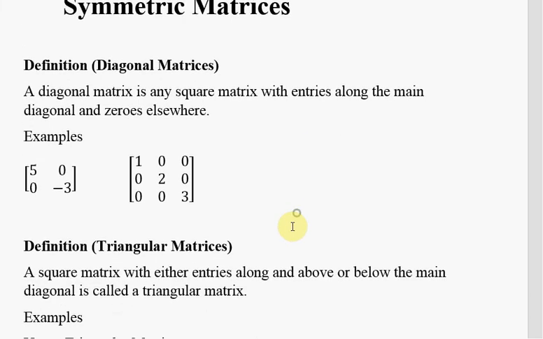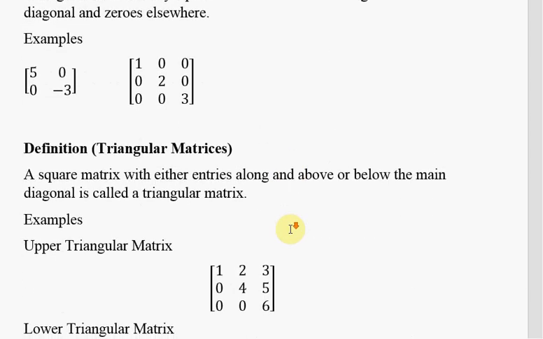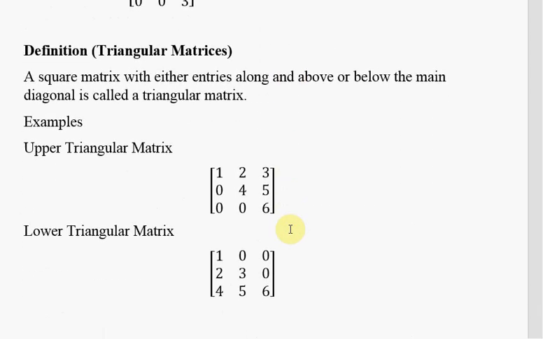A triangular matrix is a square matrix where you have entries along the main diagonal and above the main diagonal with zeros below it. We call that an upper triangular matrix.